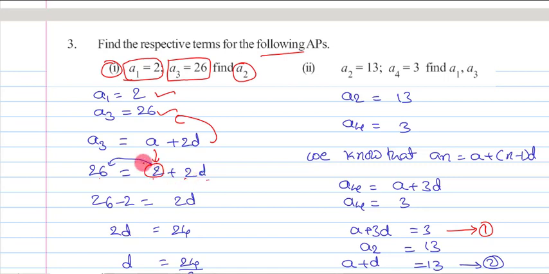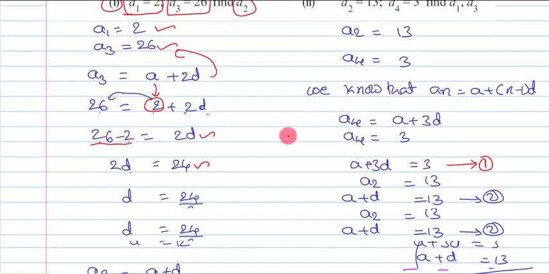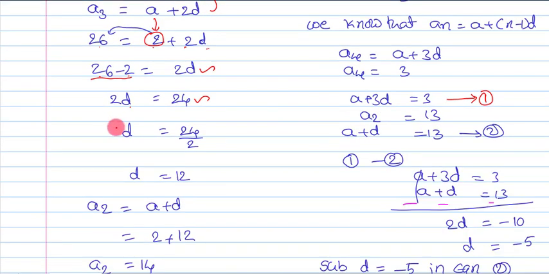Transporting this positive 2 to the other side, you get a negative. So 26 minus 2 is equal to 2D. Then 2D is equal to 24, so D is equal to 24 by 2, which is D is equal to 12. 2 ones are 2, 2 twelves are 24. So we get D as 12.